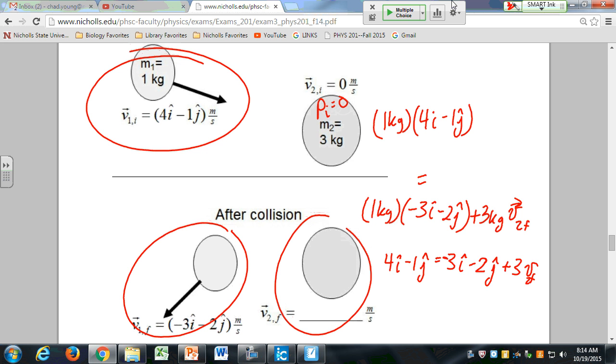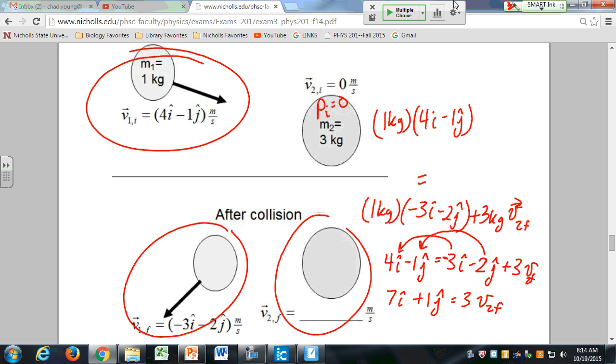And I solve that for V2F. I get 4 plus 3, that's 7i. Brought this over here, adding it up. Bring this over too. That's 2 minus 1 is plus 1j equals 3 V2F. And then I divide through by 3.